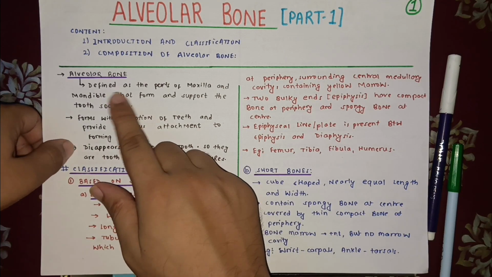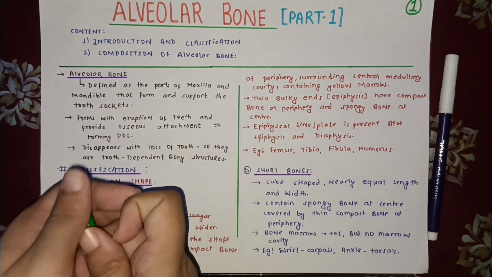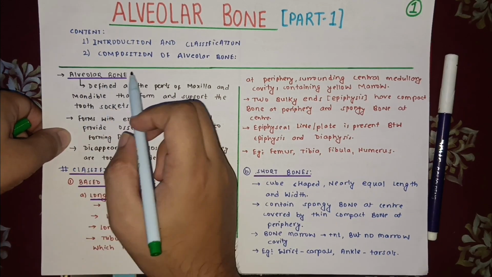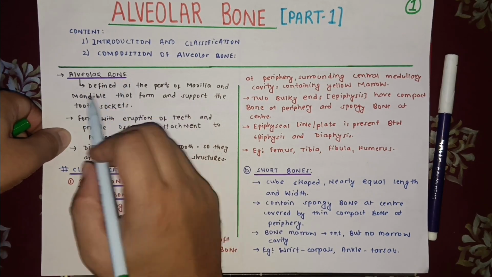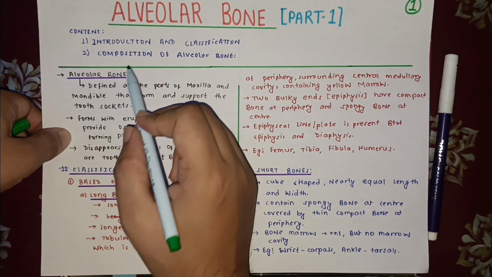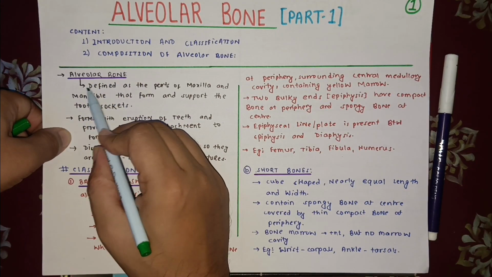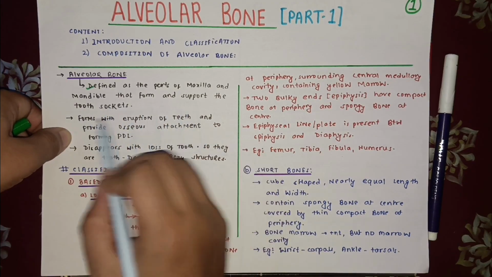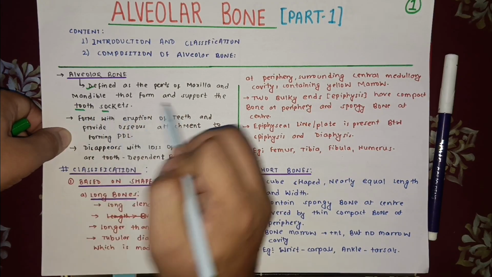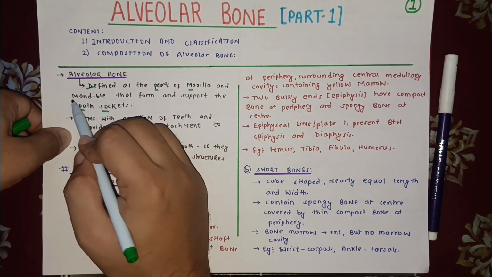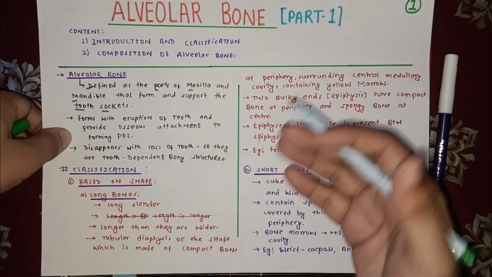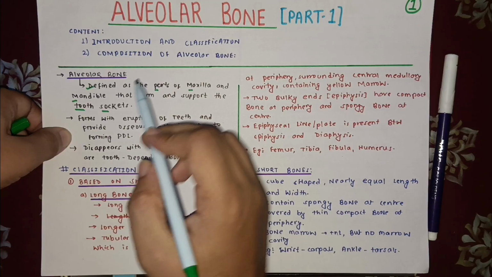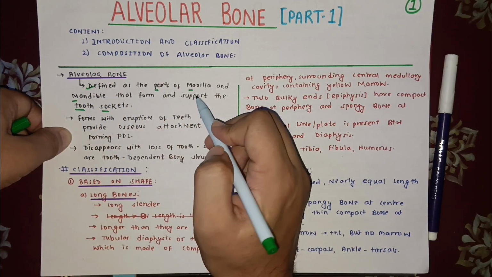In the first line, as I have written here, introduction to the alveolar bone. I think everyone is familiar with this term. Alveolar bone is defined as the part of the maxilla or the mandible that forms and supports the tooth socket. We have the maxilla and the mandible forming the upper jaw and the lower jaw, and the alveolar bone is part of those bones.